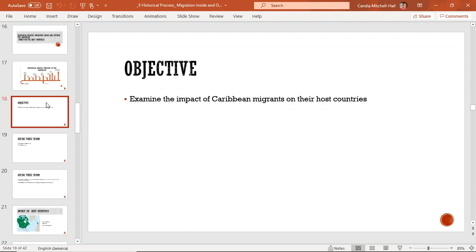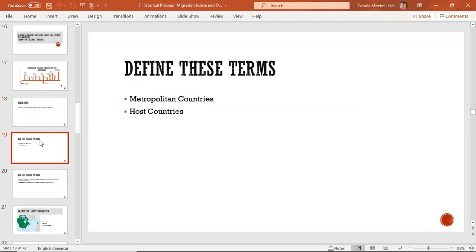What do we mean by host country? The country they live in? The country they live in, who? The migrants' home country? Not correct. Anyone?